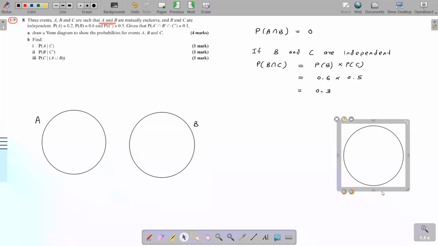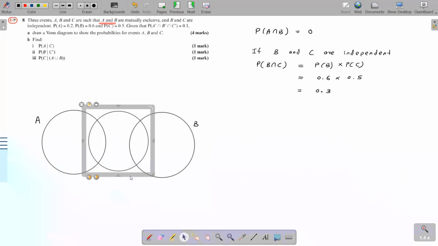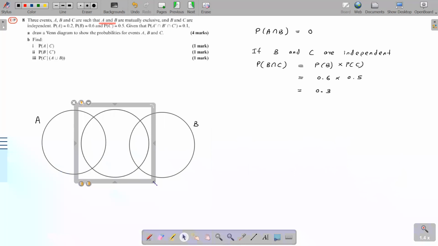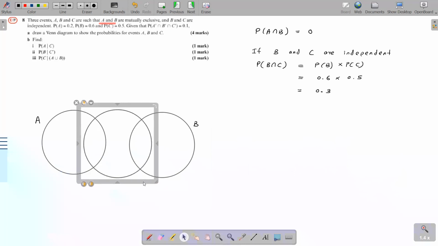You'll have to mark position C in such a way that it meets both A and B. Are you guys with me? Something like this. Can you see? Circle C intersects with A and it intersects with B, because you can't assume it doesn't intersect since they don't tell you. So you'll have to do it in a way that they intersect. So this is the Venn diagram.